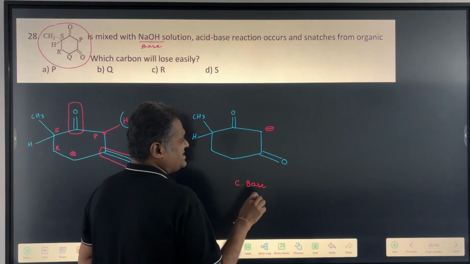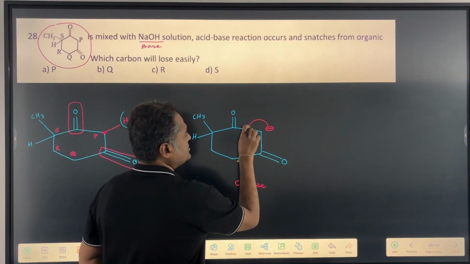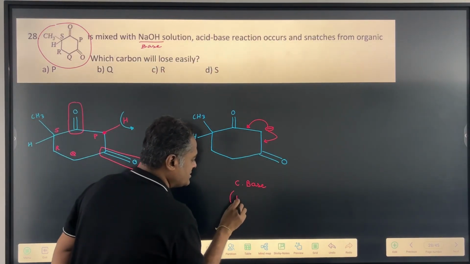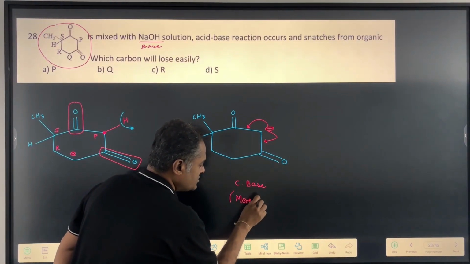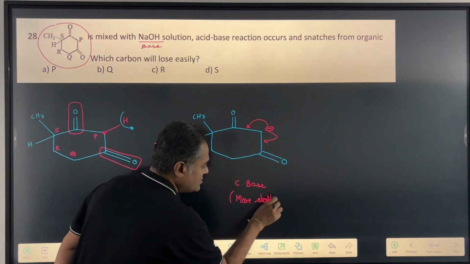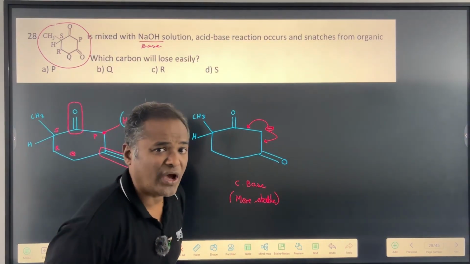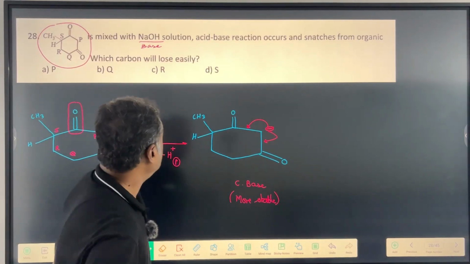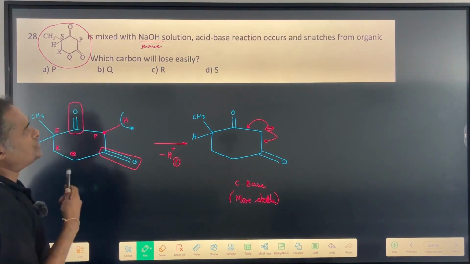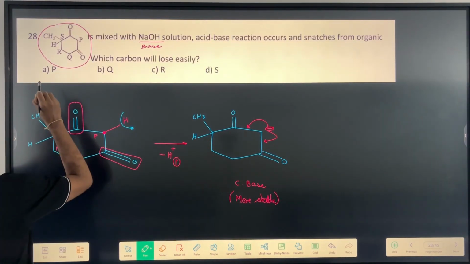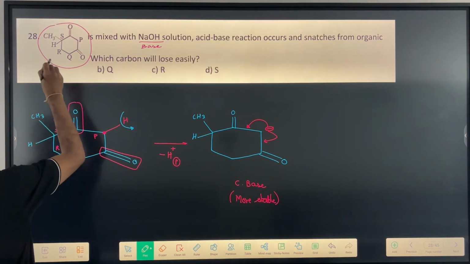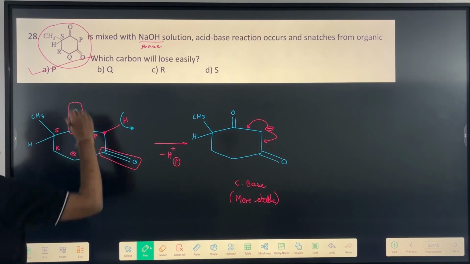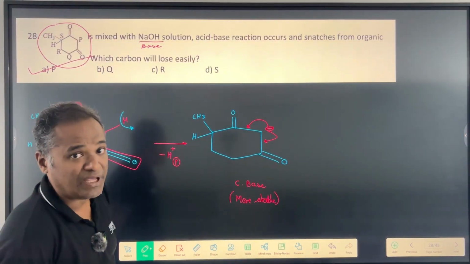Now, is this conjugate base resonance stabilized? Yes. And if it is resonance stabilized, it is a more stable conjugate base. And we know that strong acids always give a weaker, more stable conjugate base. So as per this discussion, the H on the position P carbon atom will have more acidic nature. So your correct answer has to be P.